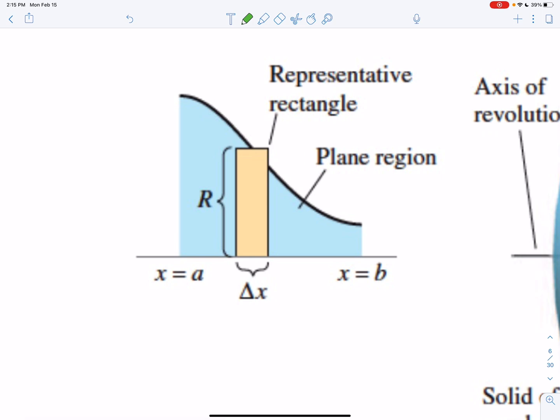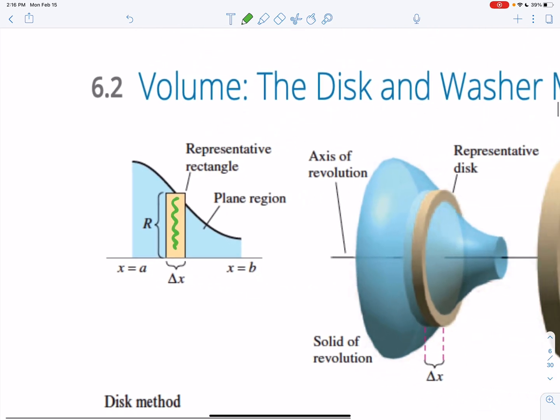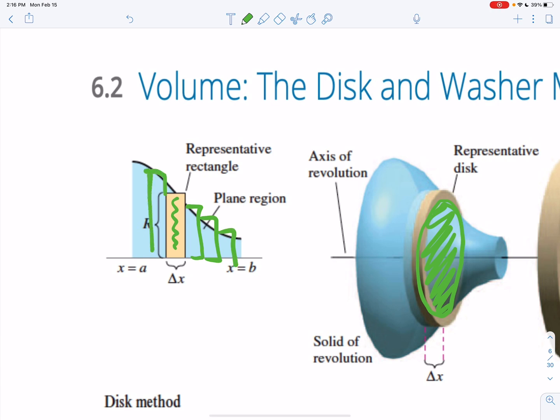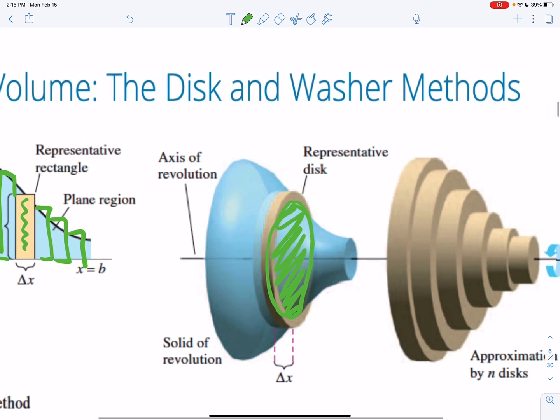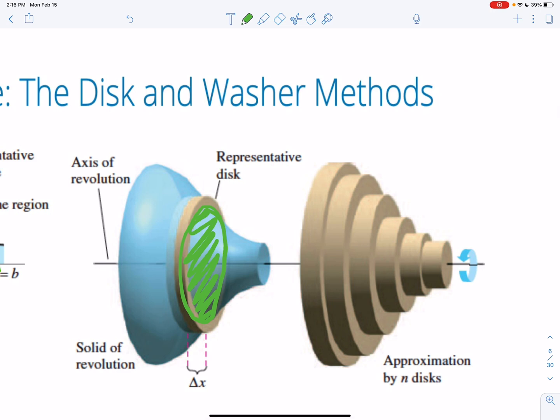If you were to just focus on this one rectangle here, if you were to spin it, it would create this disk, okay? Three-dimensional, completely solid, right? But if we were to think about all the other rectangles that are nearby it, what would it look like? It would kind of look like this, okay? And if you look at it sideways, it's kind of like a multi-layered cake, right?